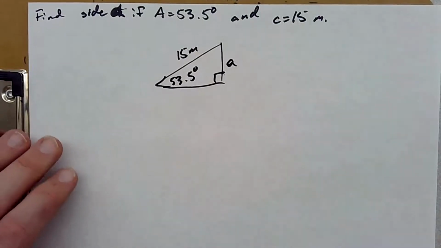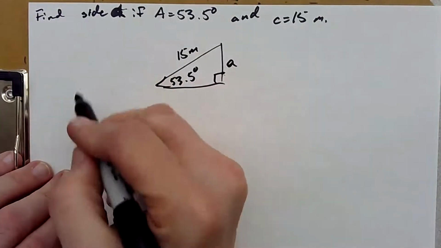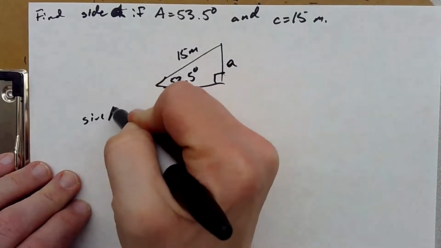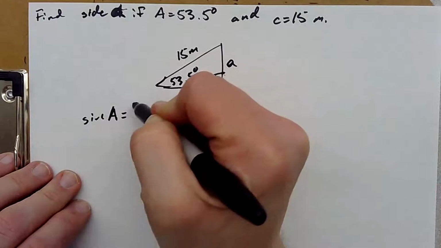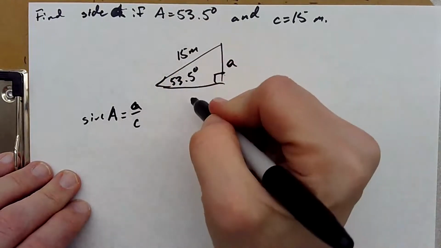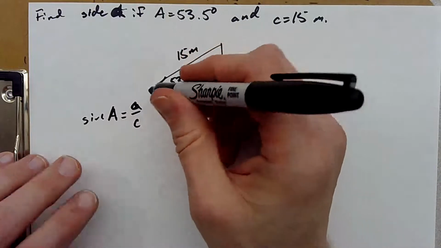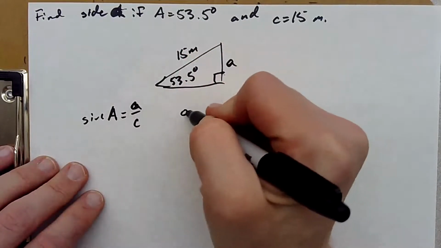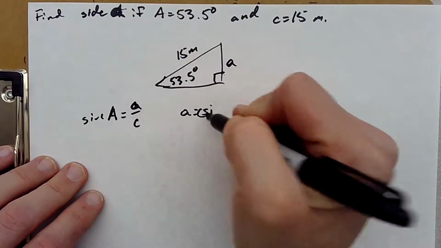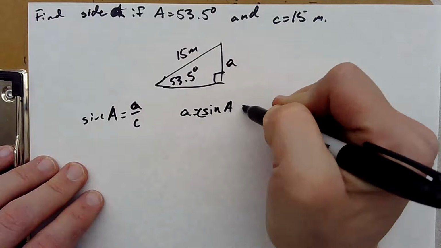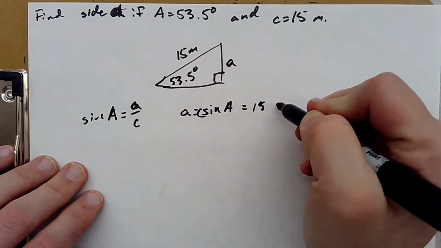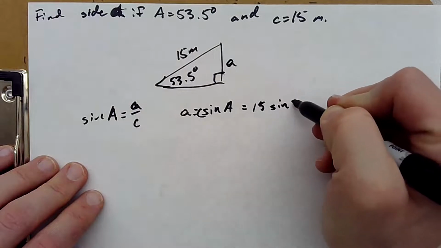So we've got this formula. We know that sine A equals A over C. So then the length of A is equal to C times sine A. So here, that's going to be 15 times sine 53.5.